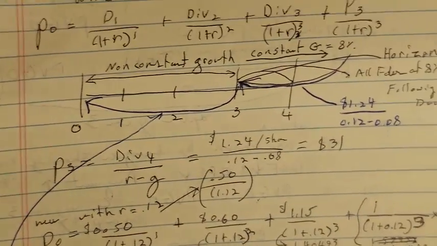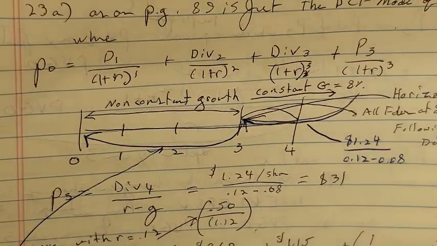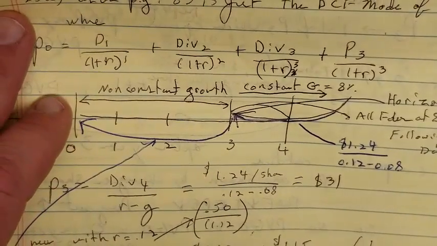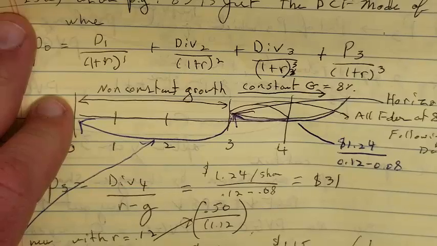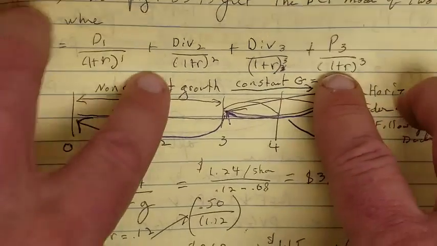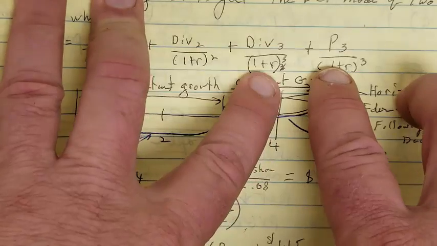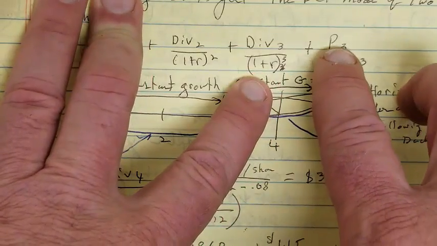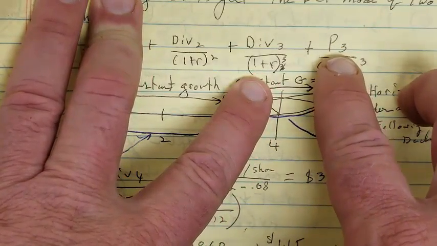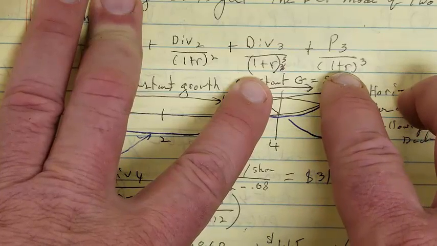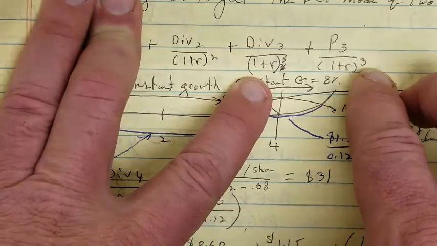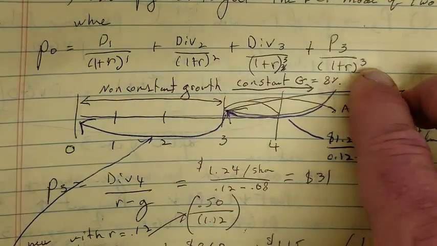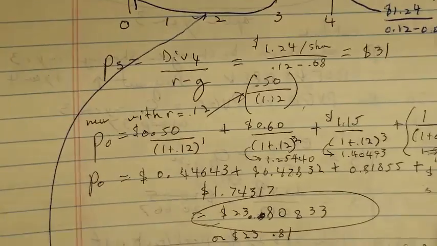And this is actually very similar in the sense that this is the way the free cash flow would look as well. So you have the horizon value, which is P3, discounted at, in this case, oh, this is something different actually. But in any case, let's look at this.